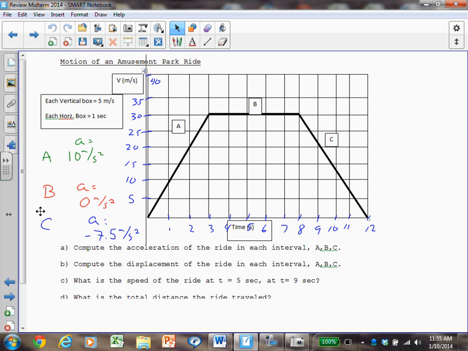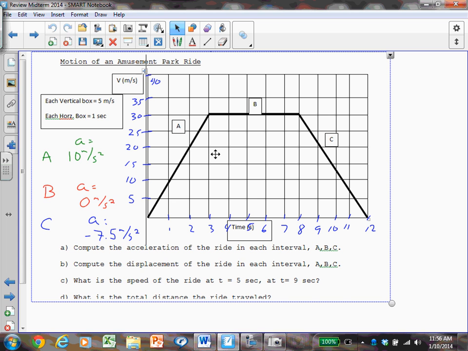So the slope here, the change in y would be 30, the change in x, or time, would be 3, so that gives you 10 meters per second squared. Follow? Here, there's no change in y, so no change in v, that's 0.